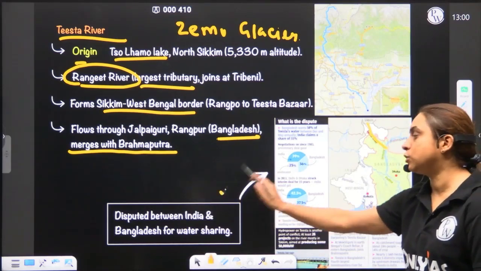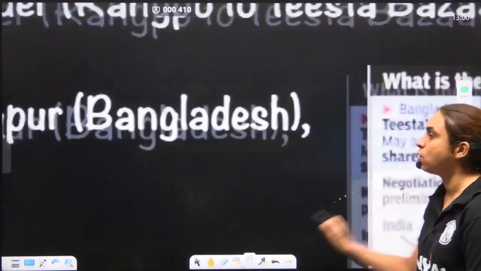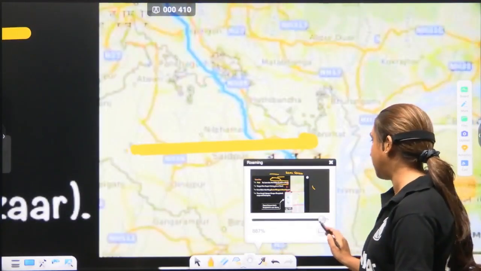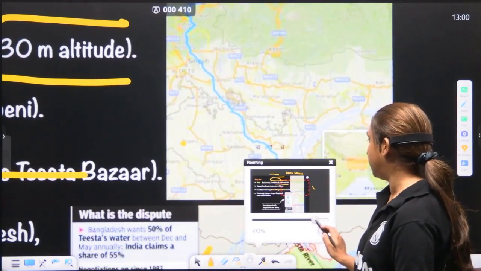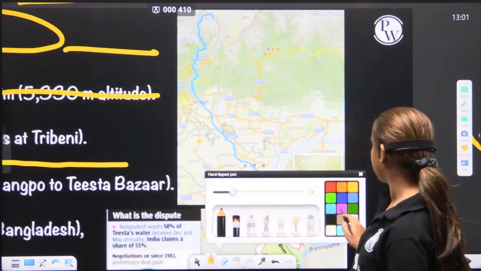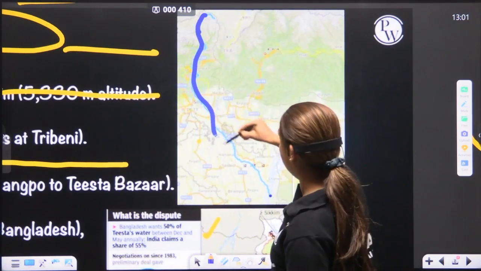This has been disputed between India and Bangladesh for water sharing. So let's have a closer look at the Teesta River. This is the way Teesta is flowing through the Sikkim and West Bengal border.